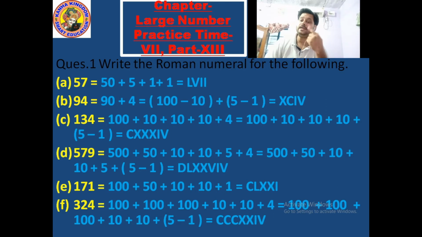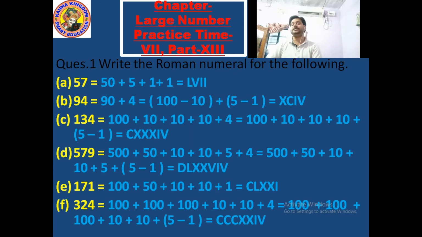And L is not repeated, V is not repeated, D is not repeated. So how? Only here we use subtraction, where X is subtracted from L and C.